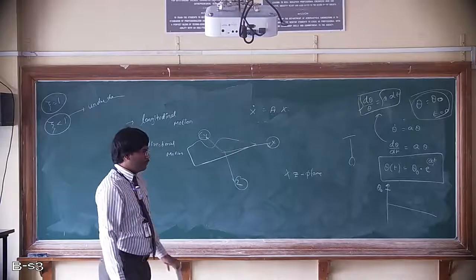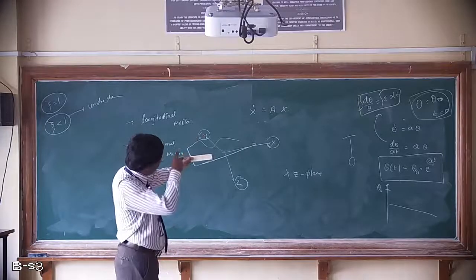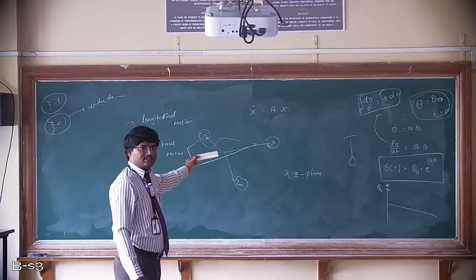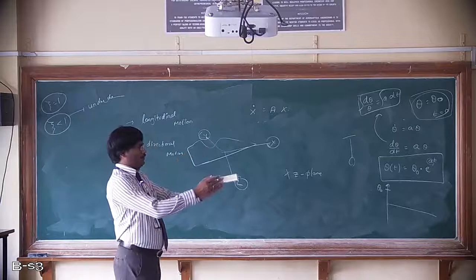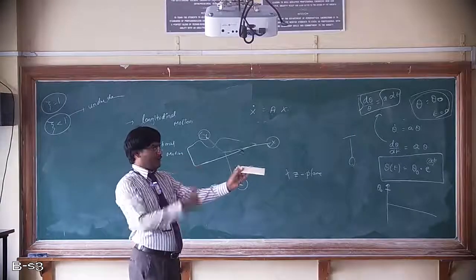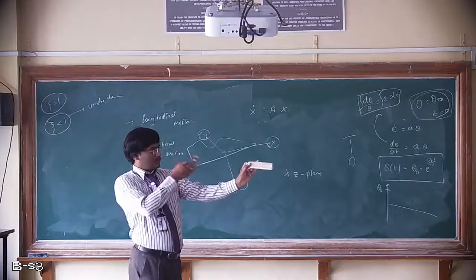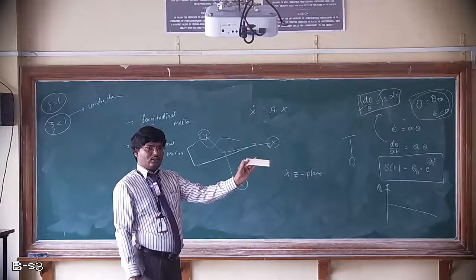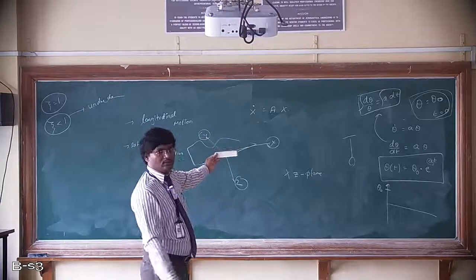The motions you can observe with a side view, like pitching, are longitudinal motions. The motions you can observe by front view, for example yawing, cannot be observed by side view.